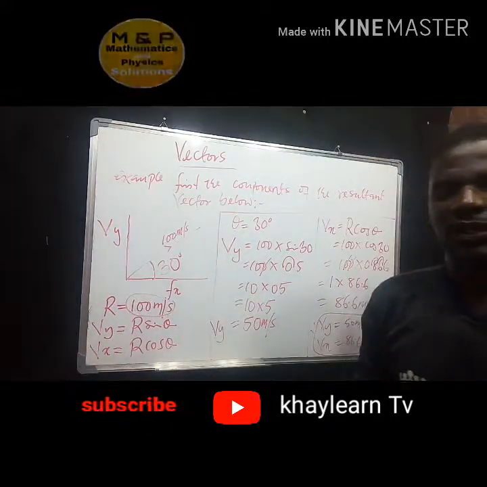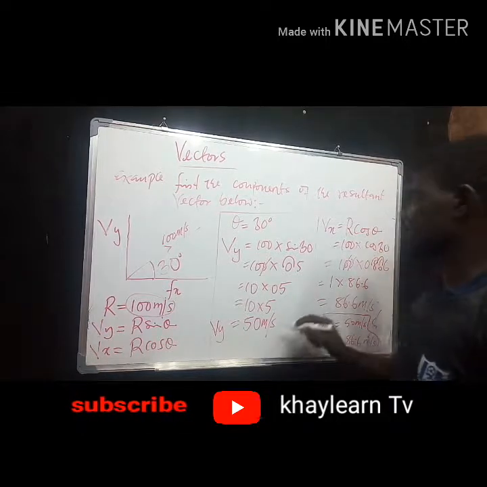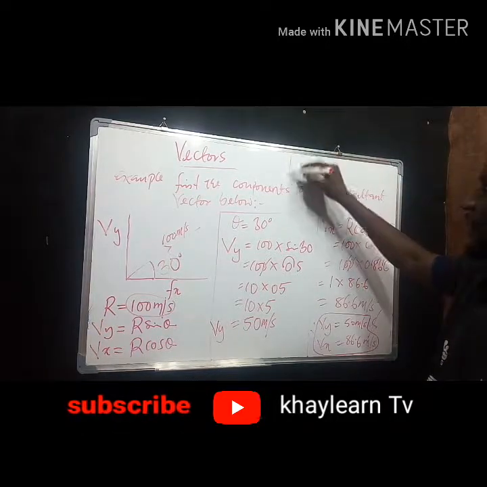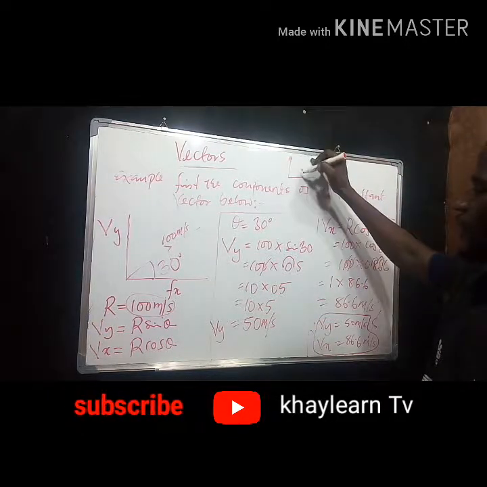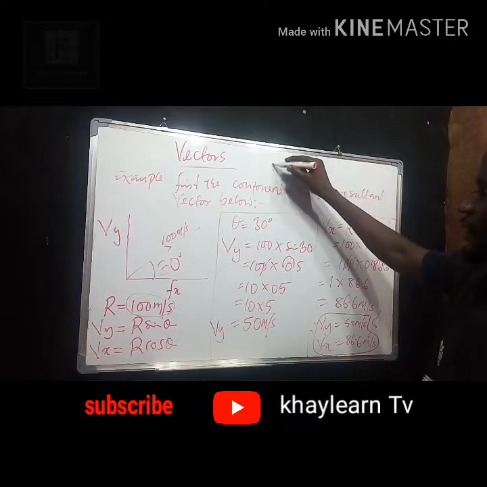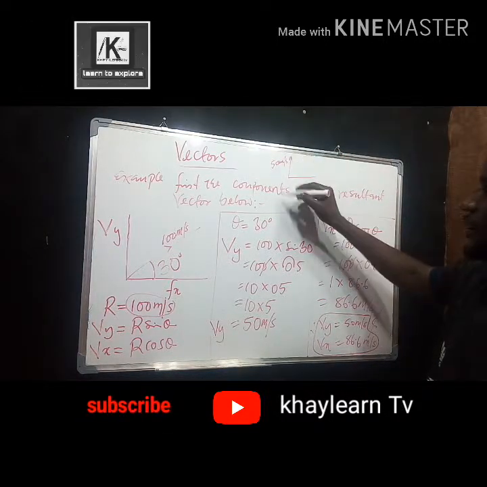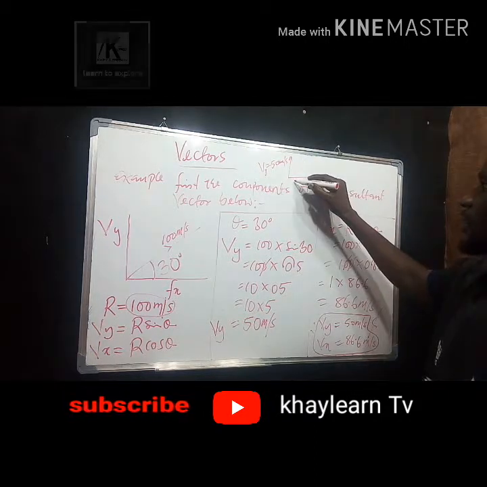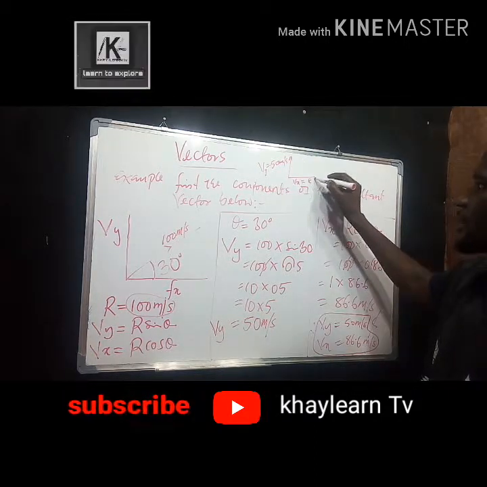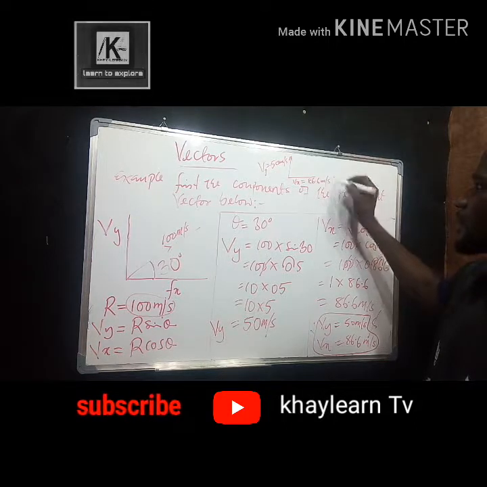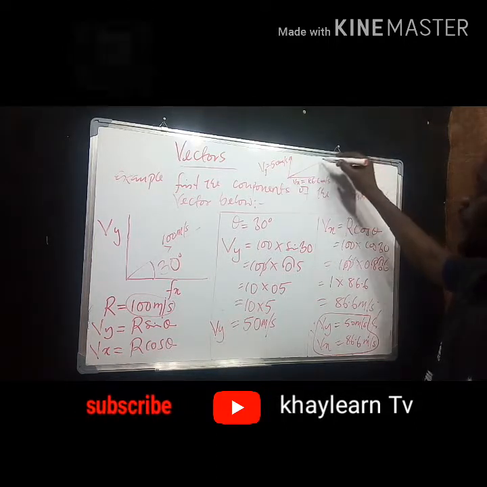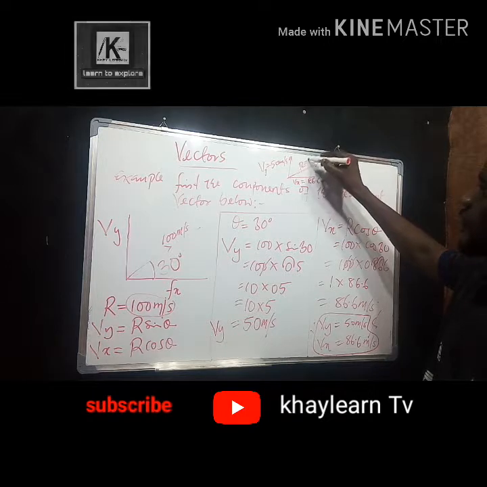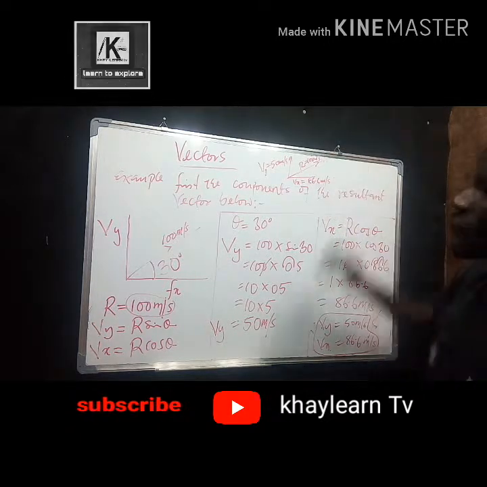If you want to check your answer, you can make a sketch like this with the y component as 50 meters per second as Vy, while the horizontal component Vx is 86.6 meters per second. Definitely you will find this R to be 100 meters per second.